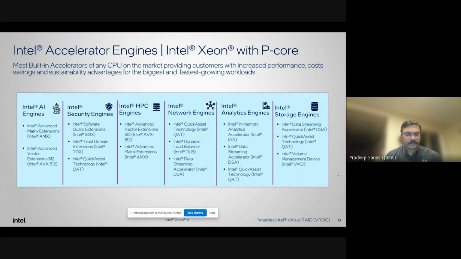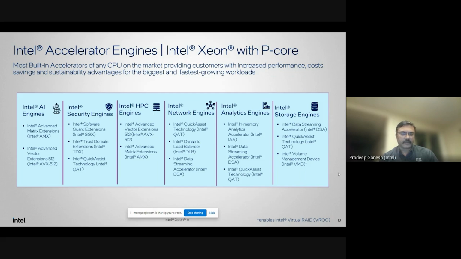So let's say you're running a hybrid workload in a post-quantum future. You're running a workload which is doing RSA, but also some post-quantum algorithms. You can run some of the post-quantum algorithms in the cores and offload the older algorithms to the Intel QuickAssist technology for significant performance benefit.